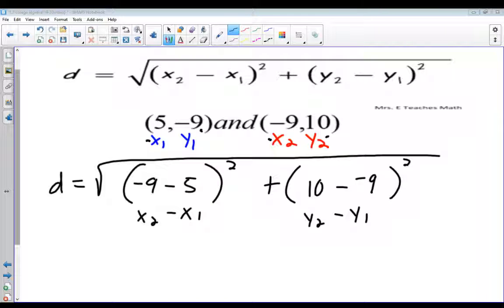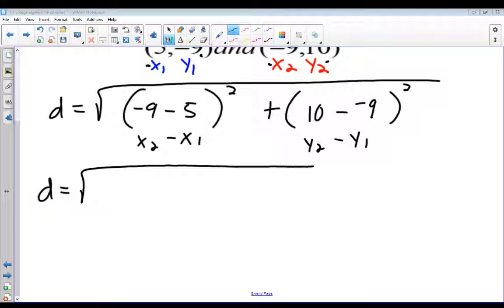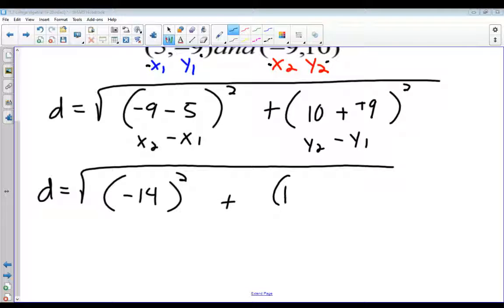And then with that, we can go ahead and compute. So in the first parentheses, I have negative 9 minus 5, which turns out to be negative 14 squared. And then 10 minus a negative becomes plus positive, which will make that 19 squared. Simplify from there.